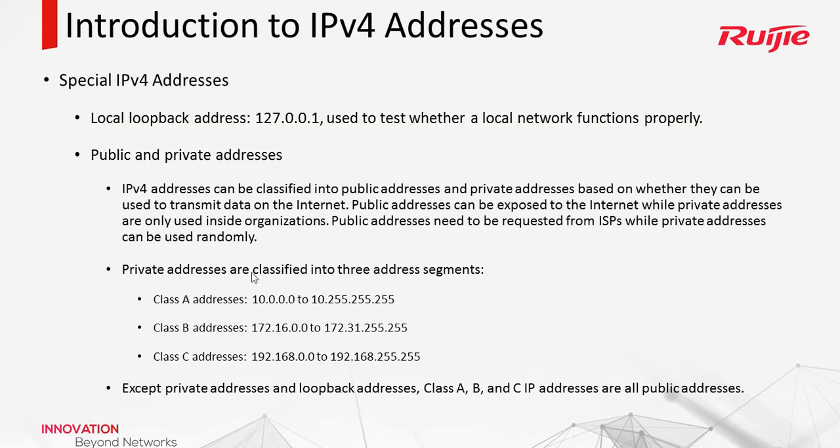Okay. Besides the special IP address, you should also remember that in the network, we have public and private addresses. You need to apply to your ISP for a public IP address.